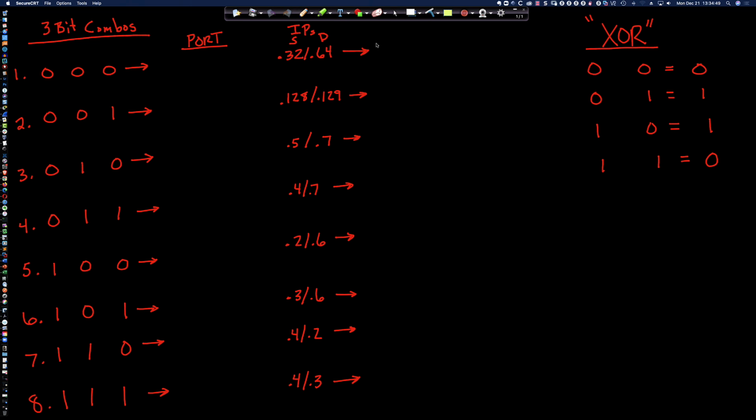If the binary representation, so the source IP, let's say it's going to be 192.168.37.32. 32 in binary would be 0, 0, 1, 0, 0, 0, 0, 0.